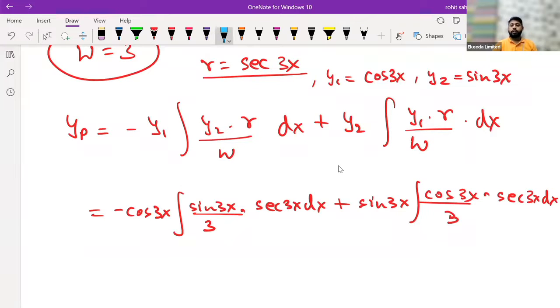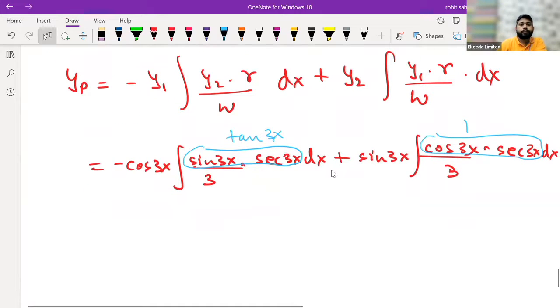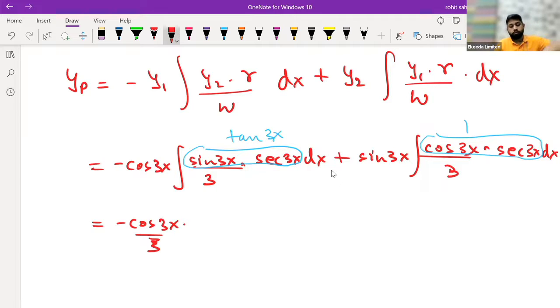You can clearly see that cos and sec of 3x will just become 1, and sin into sec will become tan. One of the expressions is tan and one is 1. So the integration of tan, मैं 3 नीचे लिख दे रहा हूँ, 3 tan का इंटीग्रेशन हो जाएगा ln of sec x, or otherwise you can say minus ln of cos x.